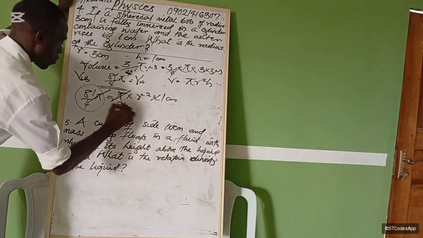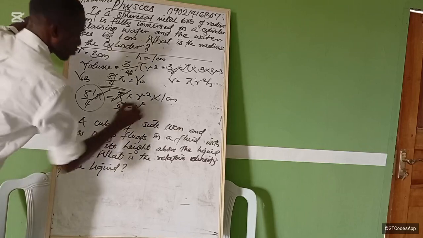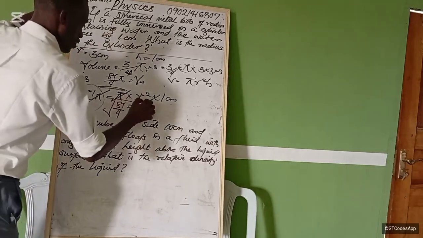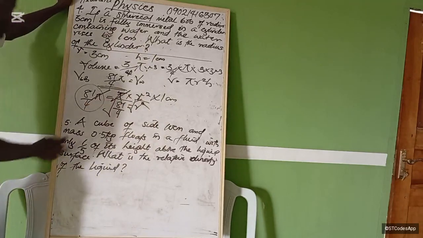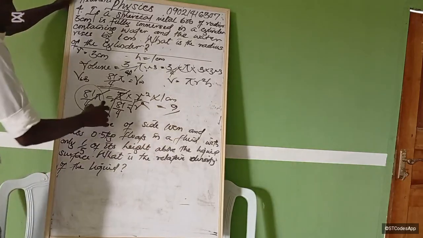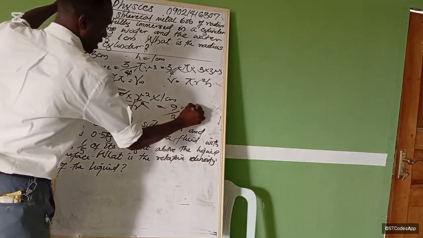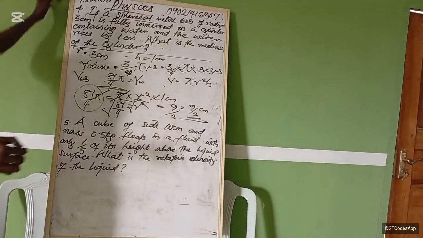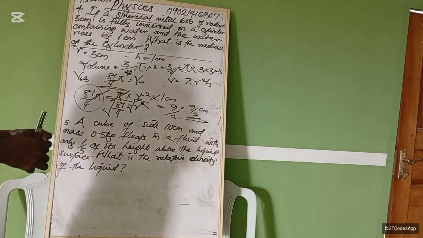So we now have 81/4 is equal to r squared. Take the square root of both sides. The square root of 81 is 9, and the square root of 4 is 2. So the answer is 9/2 centimeters. That's going to be the radius of the cylinder.